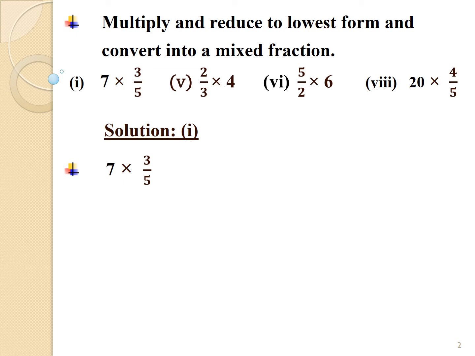Now, let's see case number 2, multiplication of a fraction by a whole number. Students, in order to multiply a fraction by a whole number, you have to multiply the numerator with the whole number and you have to keep the denominator as it is.